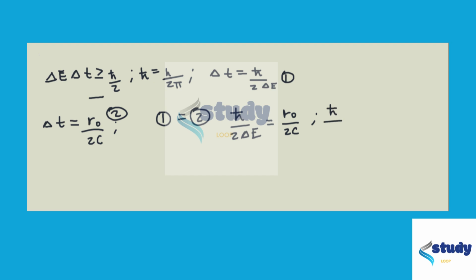H bar over delta E equals R naught divided by C, and simply we'll multiply C over. So now I have h bar C divided by delta E equals R naught. And that is going to be the range of this.